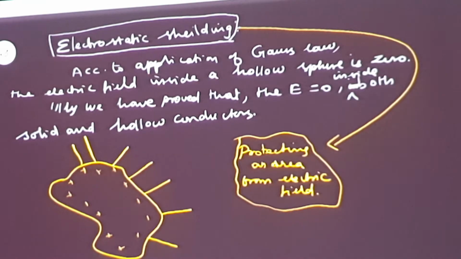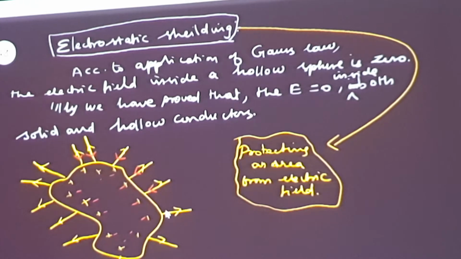Since the charge available is positive, the lines act outwards. But if the charge on the conductor is negative, then the direction of the electric field will be inwards. Whatever the case, the electric field lines are always perpendicular to the surface, as studied in our last video regarding the properties.